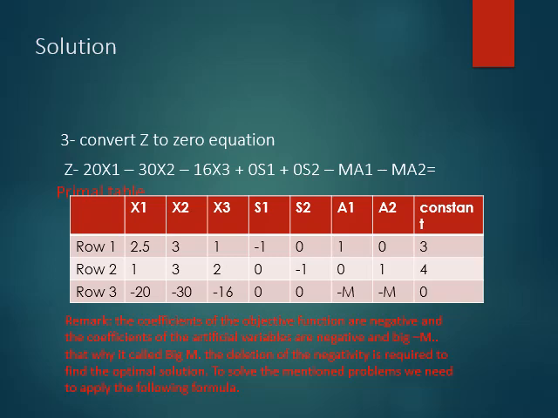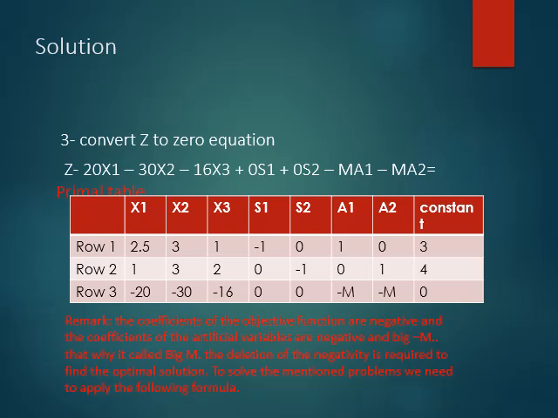Check the zero equation of z, the zero equation of the objective function. Remark: the coefficients of the objective function are negative and the coefficients of the artificial variables are negative and big. That's why it's called big M. The negativity must be removed to find the optimal solution.